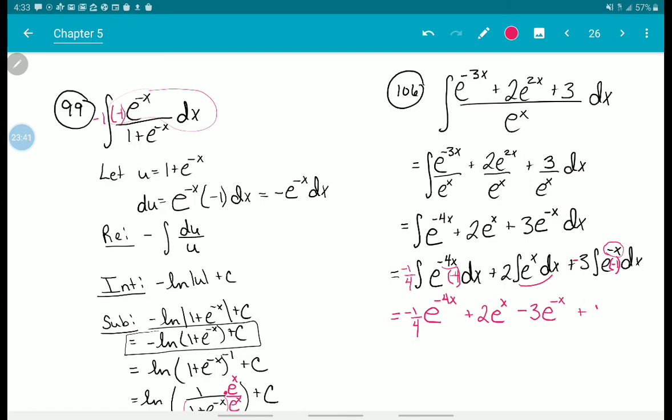And then plus c. So there's our final answer. Once you have done these a few times, chances are you'll probably stop writing out that u substitution every time. If you want to write the u substitution out, like we did over here in 99, definitely do that.